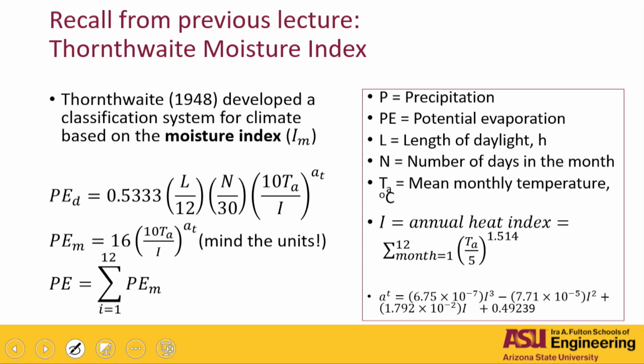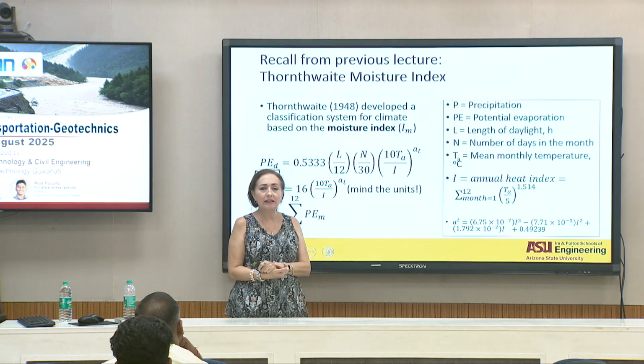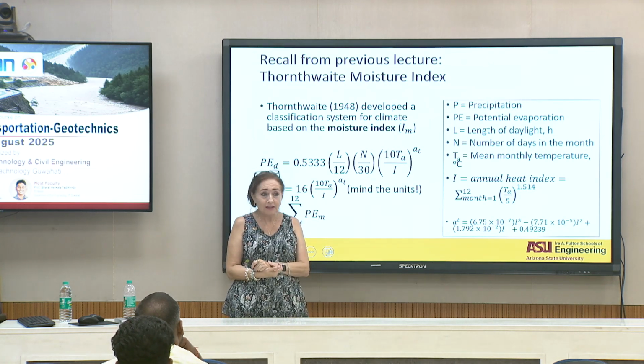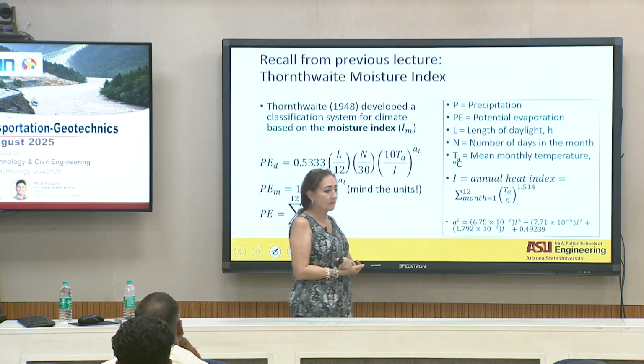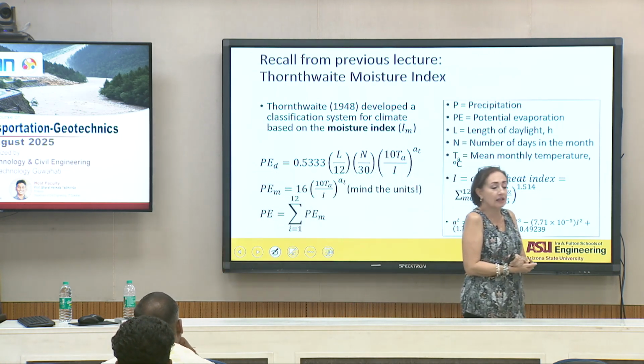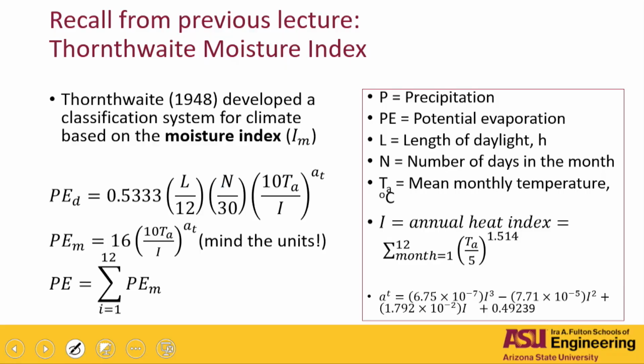And again, the Thornthwaite moisture index is very old, 1948 when it was postulated. Basically it was part of the development of a classification system for climate condition based on a moisture index, right? And these are the equations that Thornthwaite used for that.